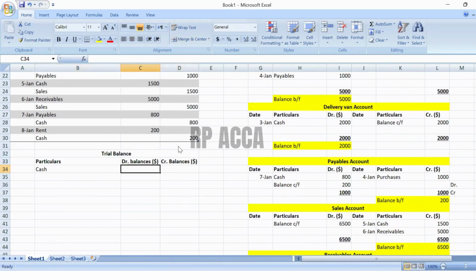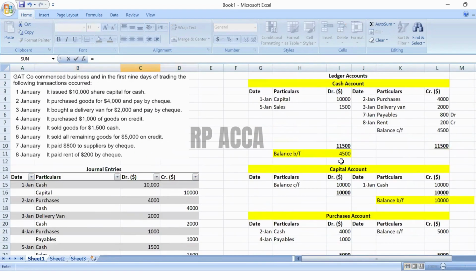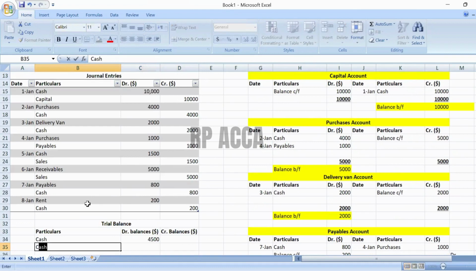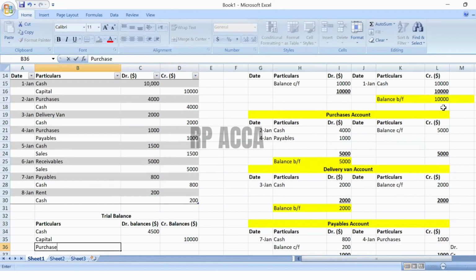Let's refer the cell. Capital has credit balance of $10,000. I hope you guys are getting how it's done. So let's do it for the remaining accounts as well.